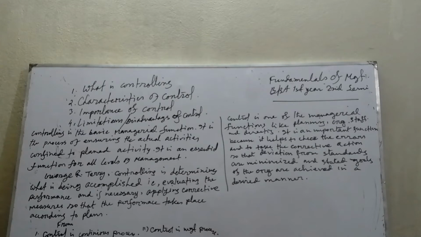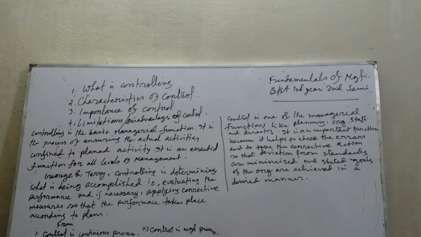Robert Anthony defines management control as the process by which managers assure that resources are obtained and used effectively and efficiently. J.L. Massie defined control as the process that measures current performance and guides it towards some predetermined goals.